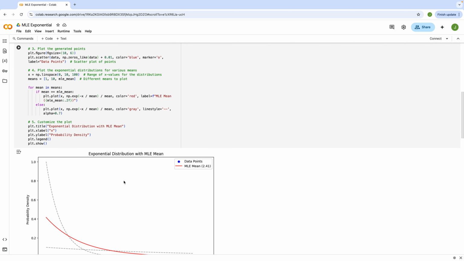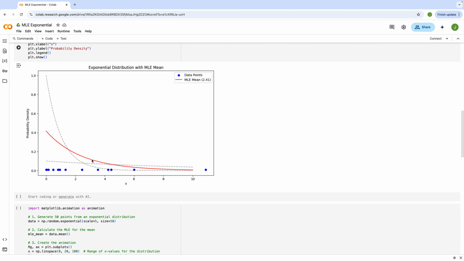This code fits different values of the exponential distribution, so different values of lambda are shown here, to data that's generated from an exponential distribution.